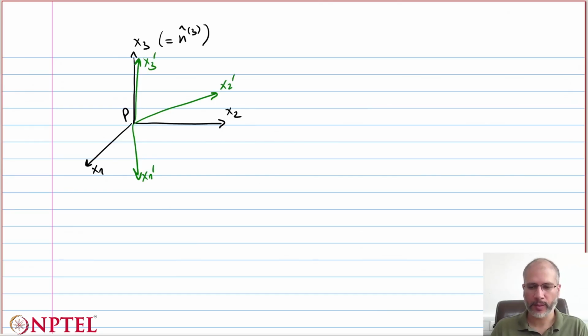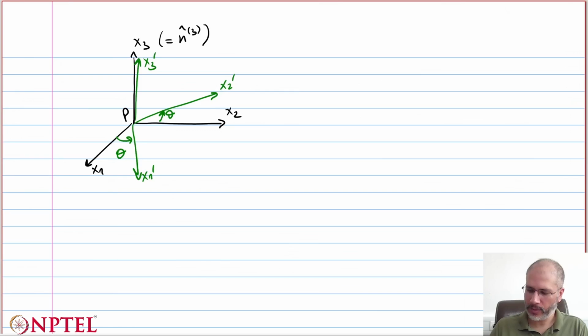In this way, by simply rotating the coordinate system around x3 by an angle theta, again x1 prime, x2 prime, x3 prime may not coincide with the starred coordinate system here. It may or may not, but this is a general case.